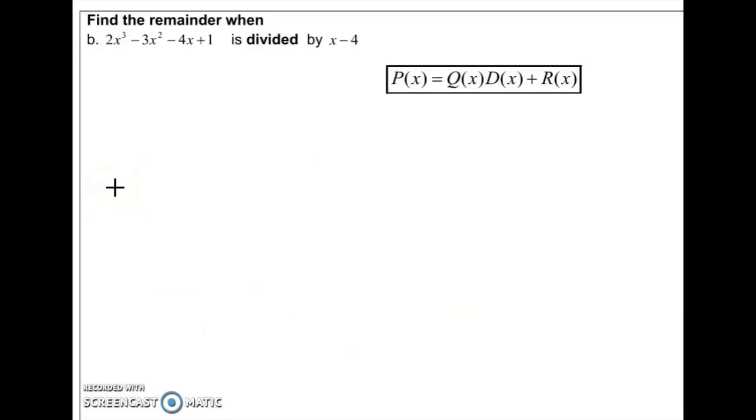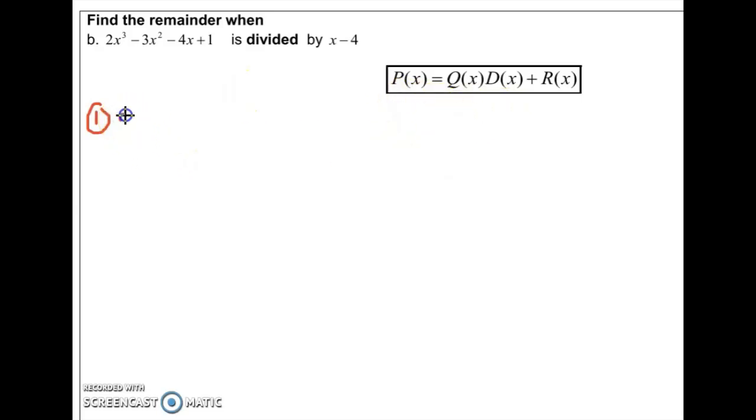Now let's try example B. Find the remainder when 2x cubed minus 3x squared minus 4x plus 1 is divided by x minus 4. Remember, your first step is to rewrite the given information in terms of the remainder theorem.